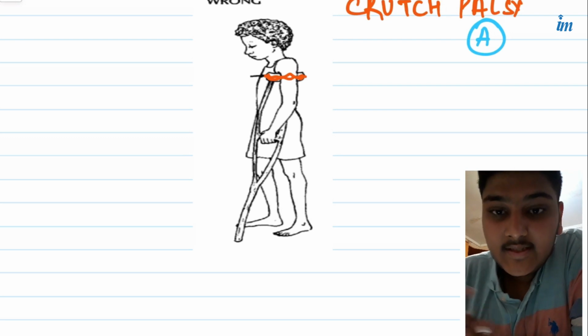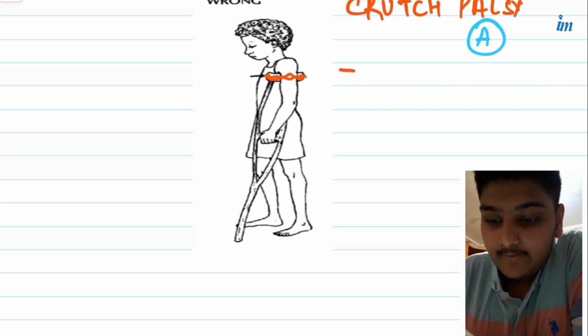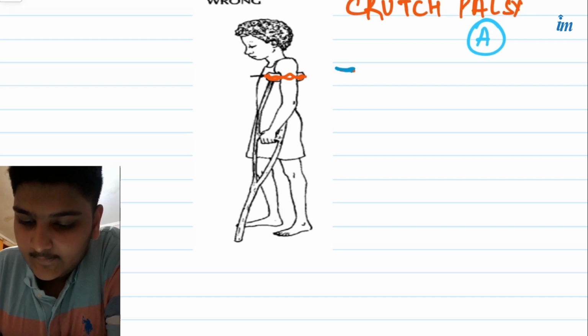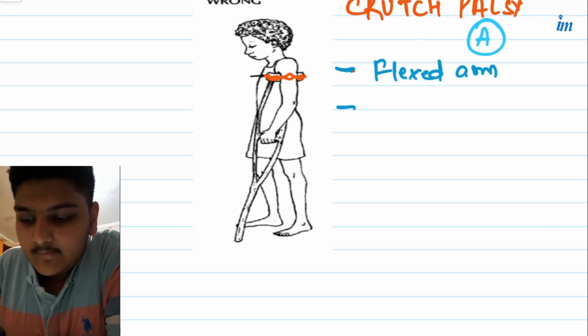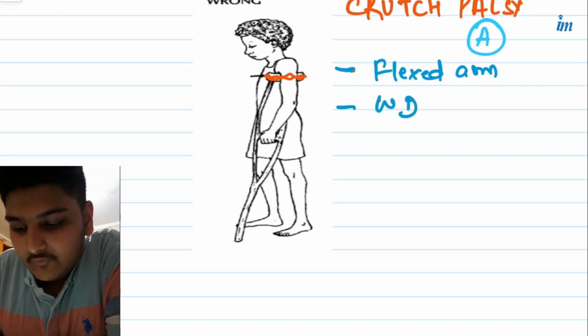So what will be the features? Triceps is gone. Therefore, there will be a flexed arm. There will be no extension. There will be wrist drop.